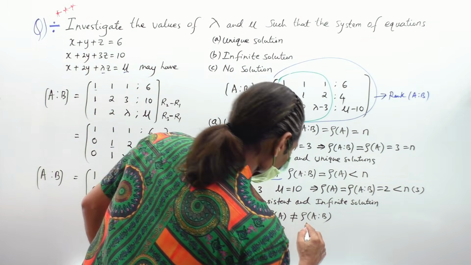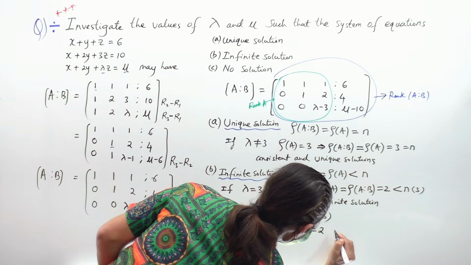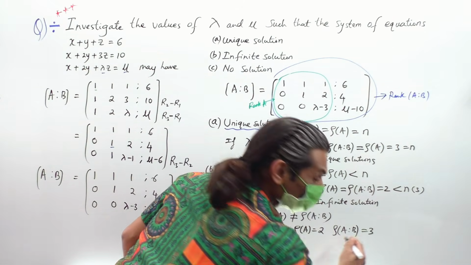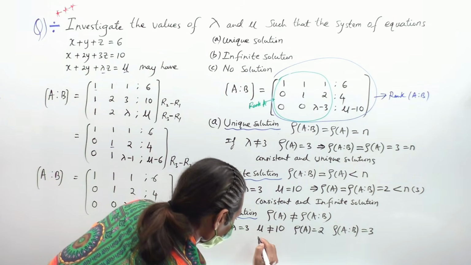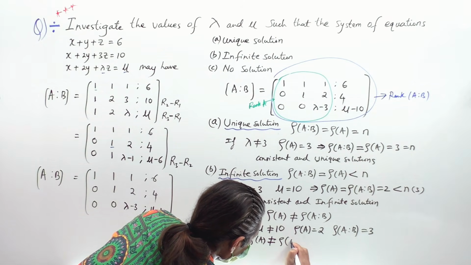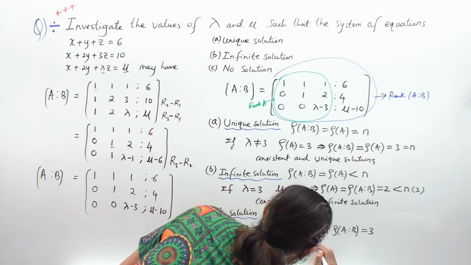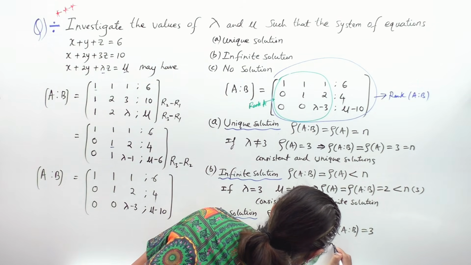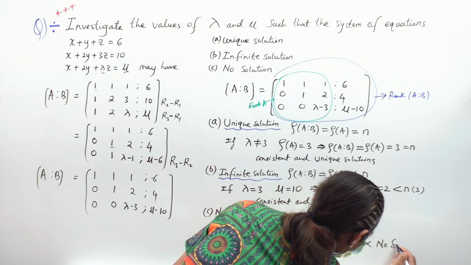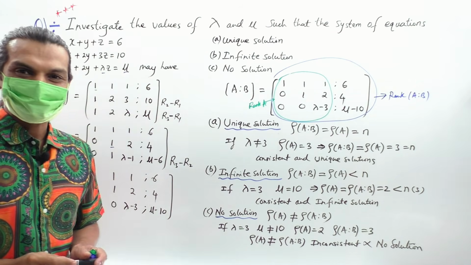Then we say that rank of A equals 2 and rank of A augment B equals 3. That is it. Therefore, rank of A is not equal to rank of A augment B. Therefore, inconsistent and no solution. That's it.